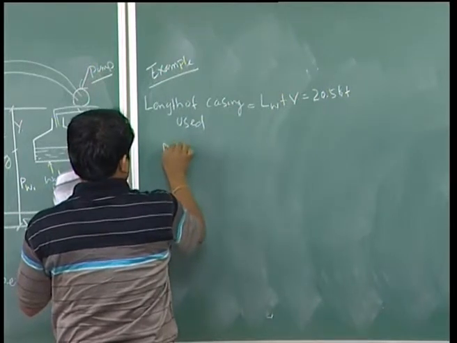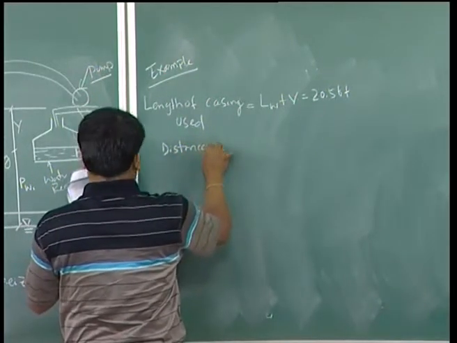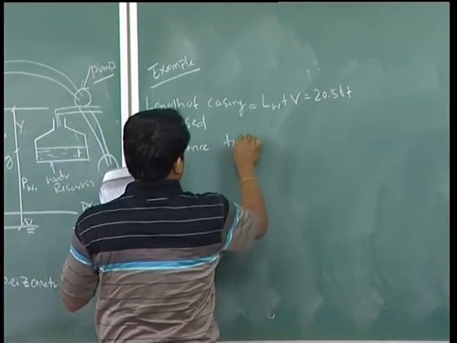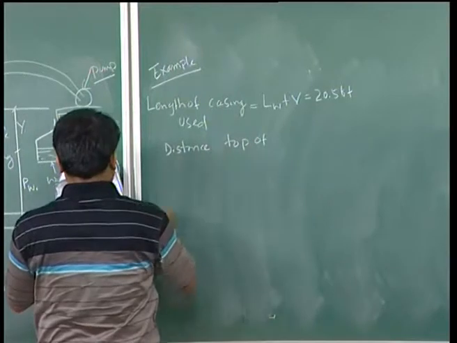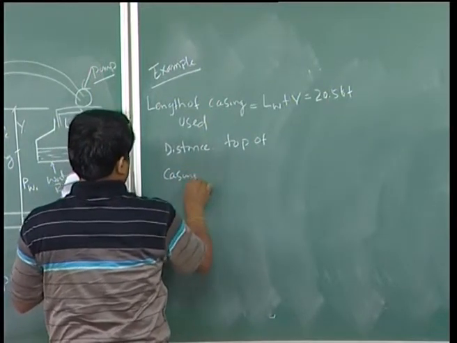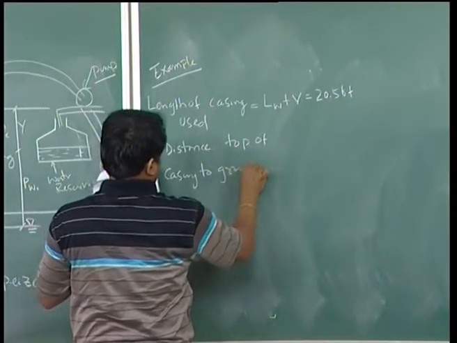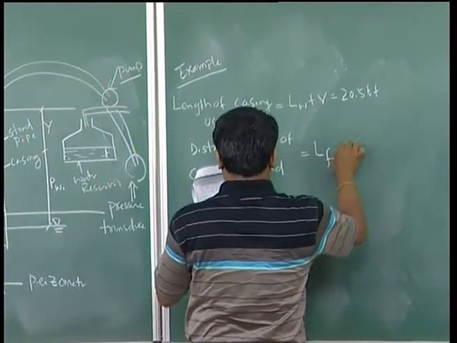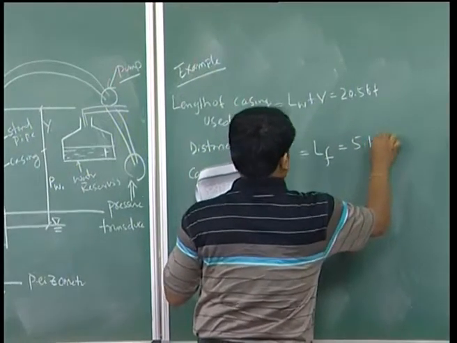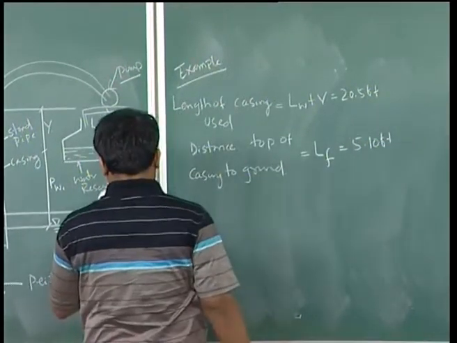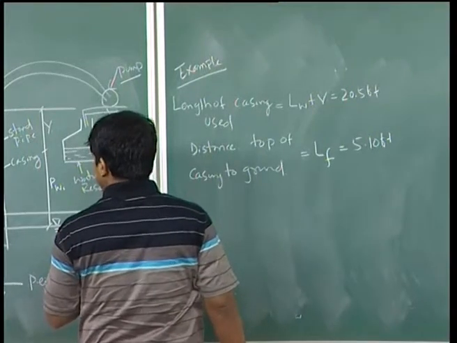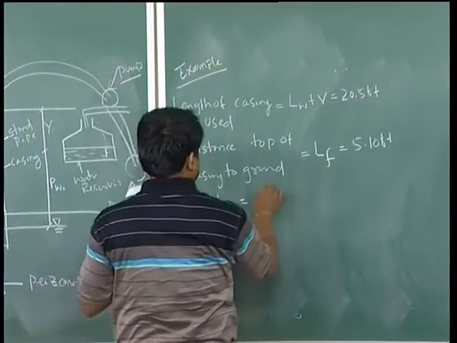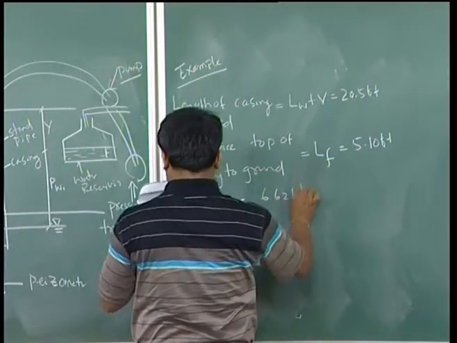Then distance from top of casing to ground, which is equal to LF, 5.10 feet. Distance LW, it is given 6.62 feet.